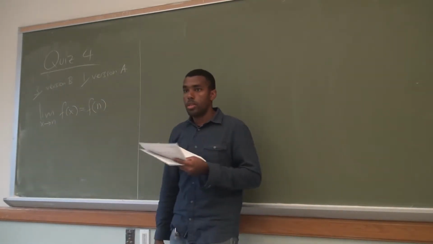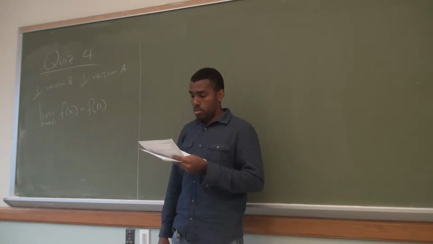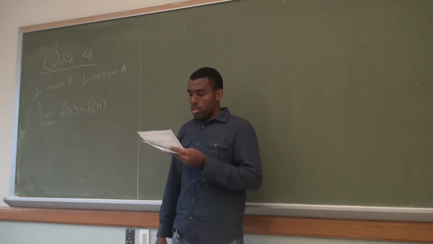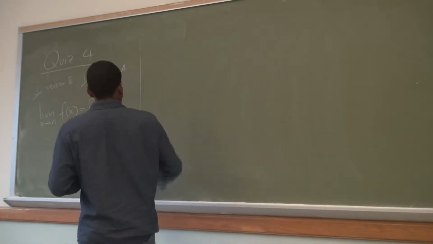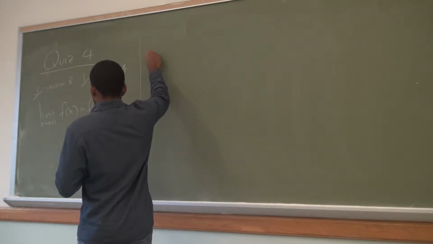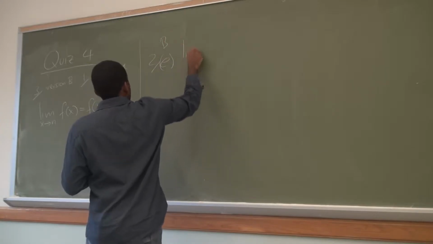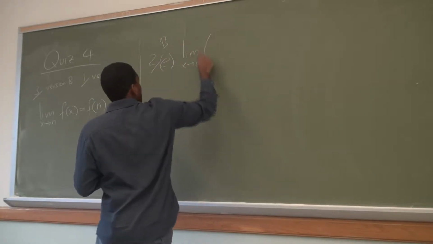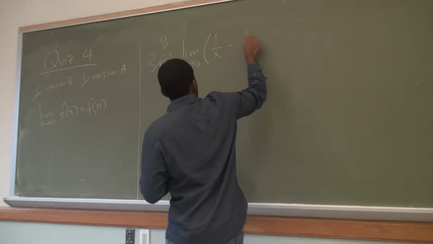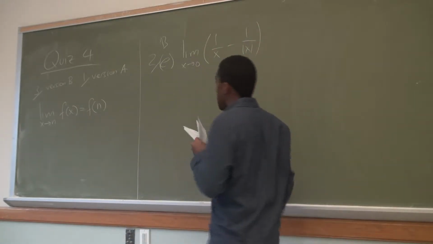Okay. Other questions? 2E on 4B. This is version B. This was the limit as x approaches 0 of 1 over x minus 1 over absolute value x.